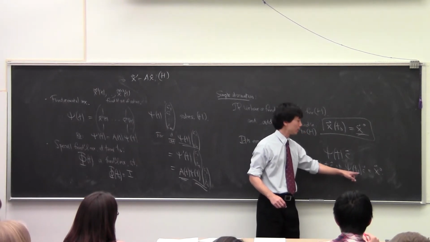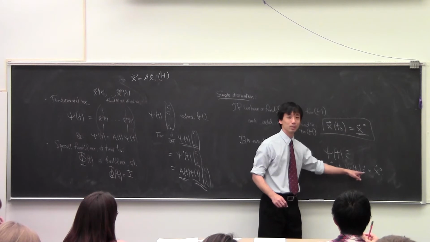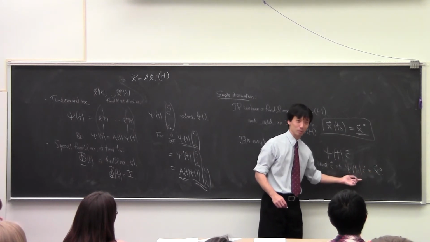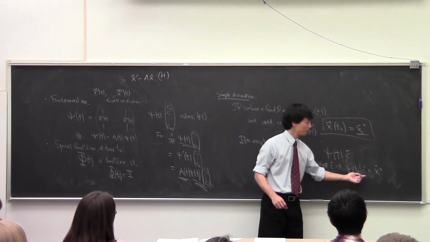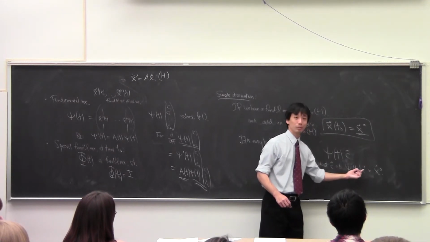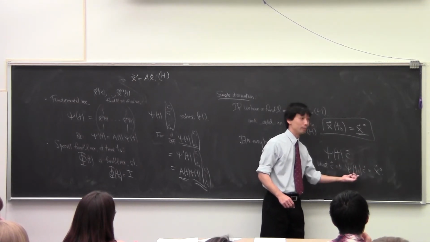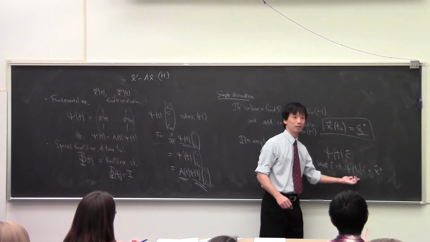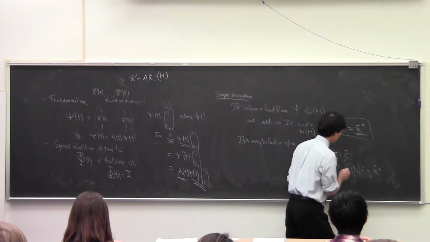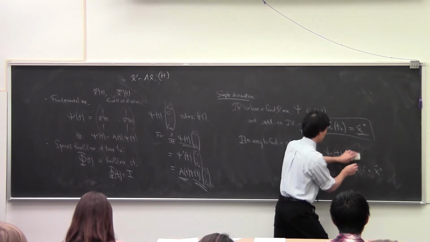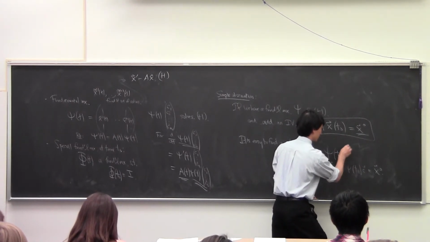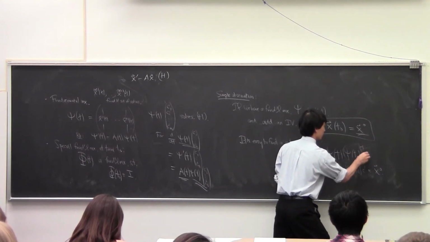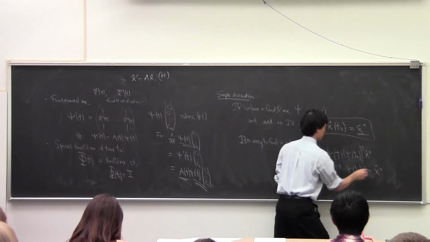You've got an invertible matrix times C, which must be equal to x naught, so what should C be? Just x naught multiplied on the left side by the inverse matrix. So just take C to be psi t naught inverse x naught.